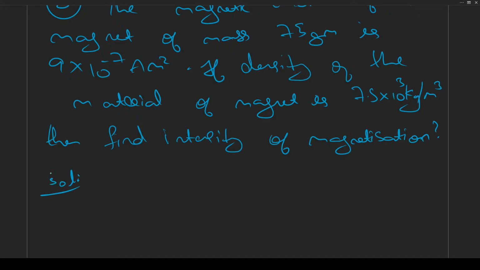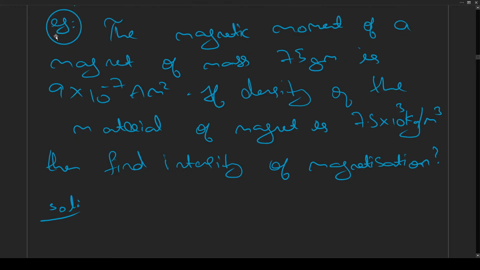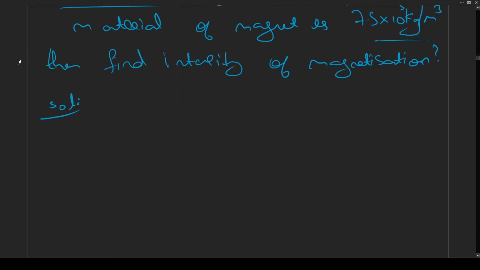Solution, they gave a magnetic moment of 9 into 10 power minus 7 and the density of the material is 7.5. They're asking the intensity of magnetization, which is the total magnetic moment per unit volume.